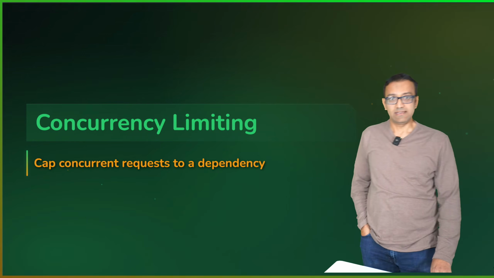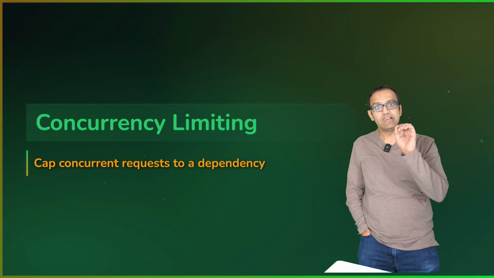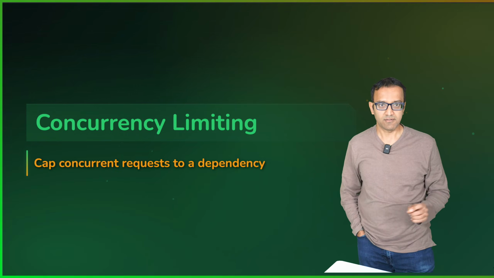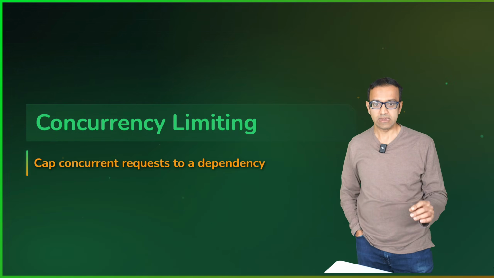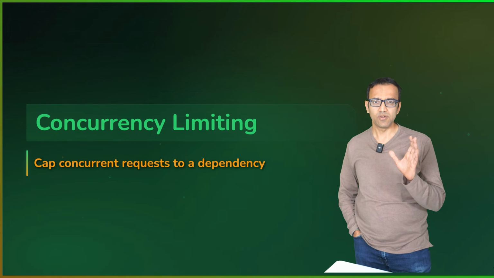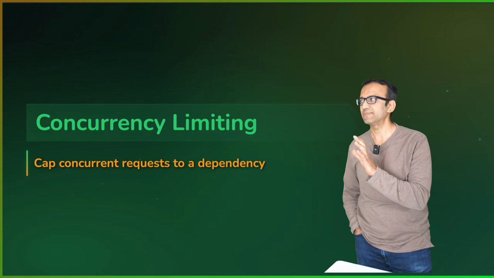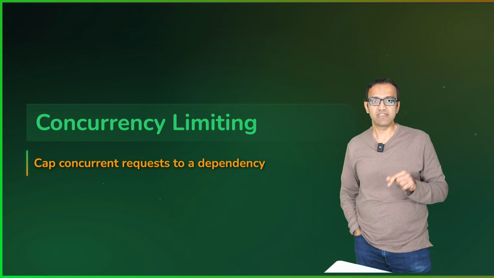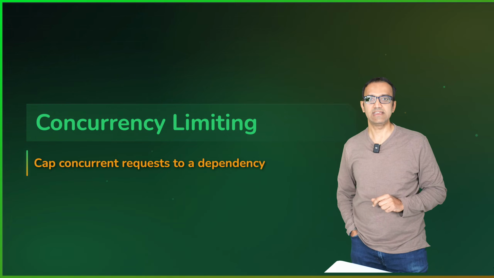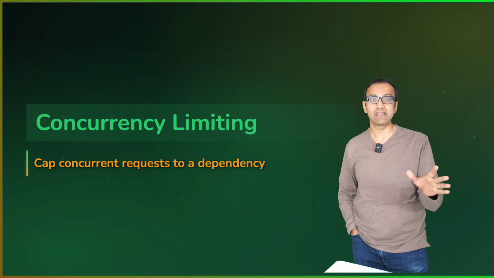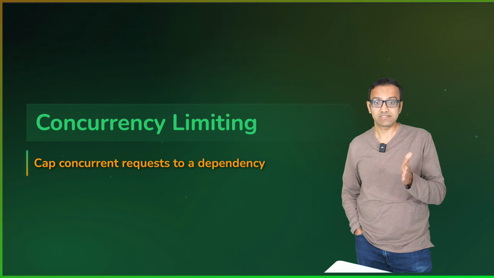What you need is a way to limit how many concurrent requests you're sending to that dependency. If you only allow, say, 10 threads to be waiting on the recommendation engine at any time, even if it's completely unresponsive, you've only lost 10 threads.